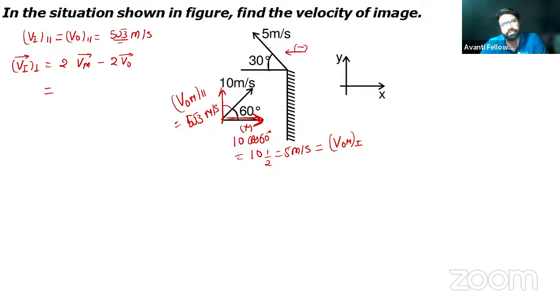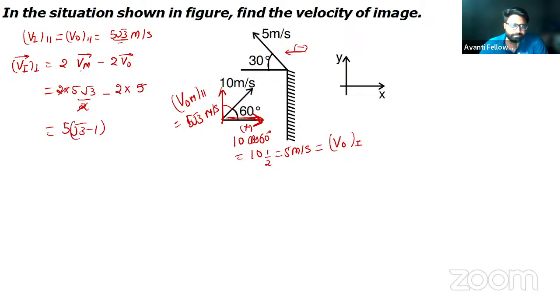So negative way में that velocity will be 2 times of 5 cos 30, which is root 3 by 2, minus 2 times of velocity of object is, अब देखो ऑब्जेक्ट की वेलोसिटी कितनी है, ये कौन सी परपेंडिकुलर वेलोसिटी इज नथिंग बट 5 मीटर पर सेकेंड. यही तो है 5. सिर्फ वेलोसिटी ऑफ ऑब्जेक्ट परपेंडिकुलर 5. तो दिस विल बिकम 5 इंटू रूट 3 माइनस 1.